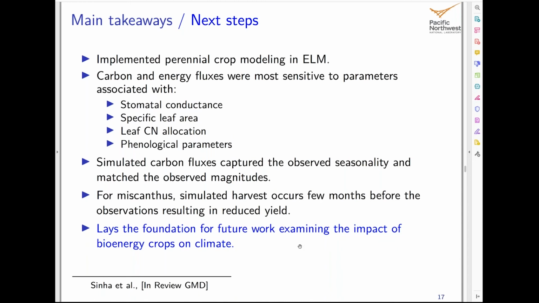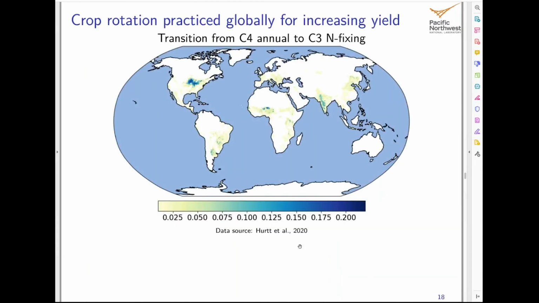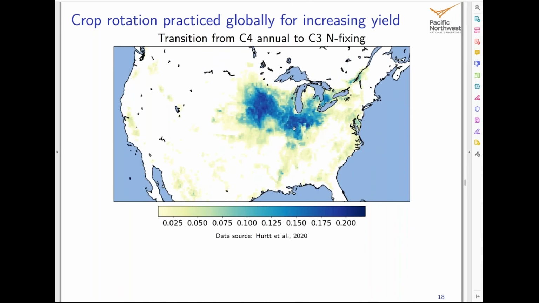For example, crop rotation is practiced globally, and this is done for increasing the yield and for reducing the need for fertilizers and pesticides. The figure here shows locations globally where transition from C4 annual to C3 nitrogen fixing crops occurs. And just to zoom in for the US, most of the US Midwest has rotation, and most of the rotation actually happens between corn and soybean.